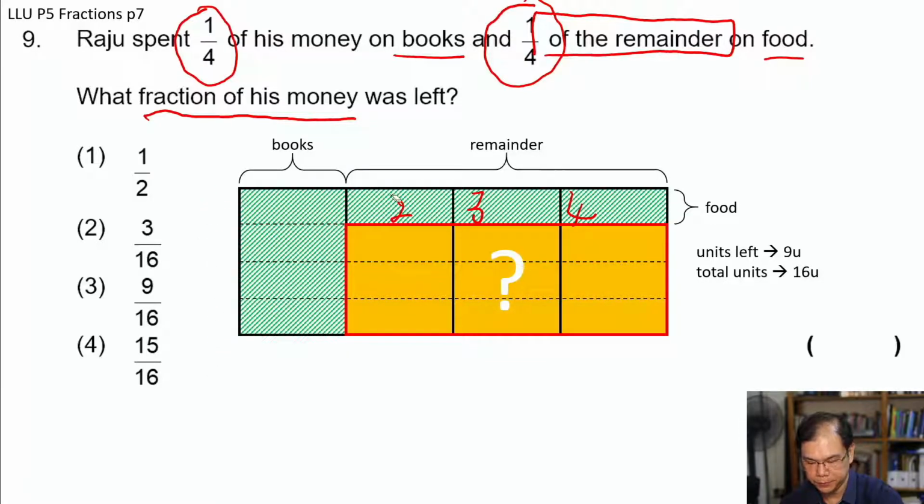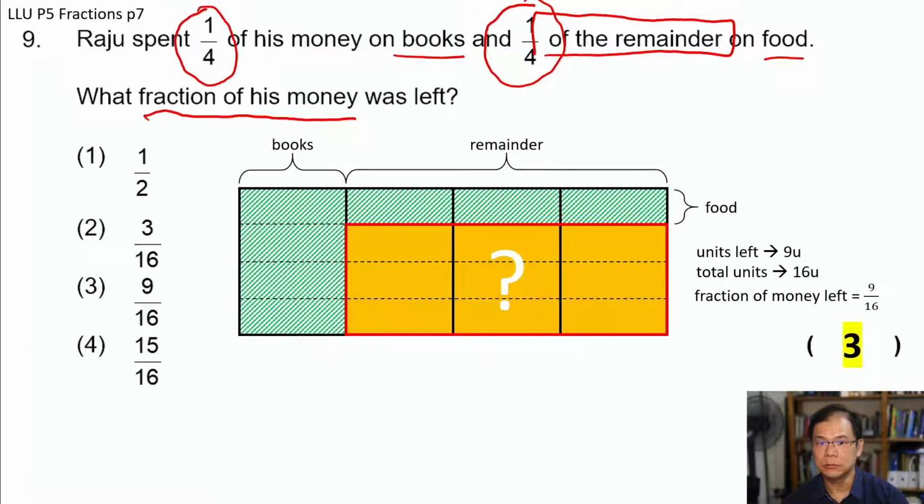So the fraction of the money left is 9 out of 16, and the answer is 3. 9 out of 16 is already in the simplest form, so you can't simplify it anymore. So that's the solution for question 9.